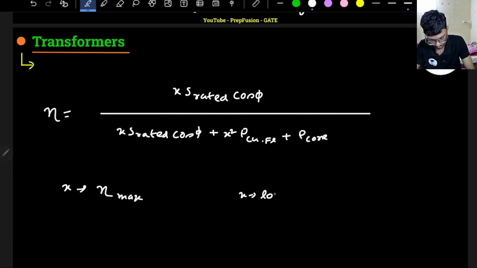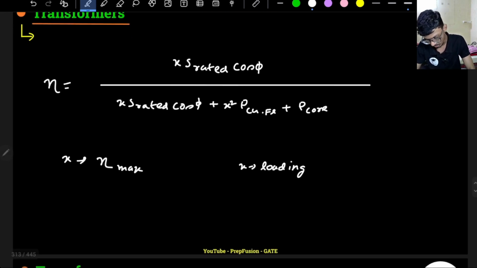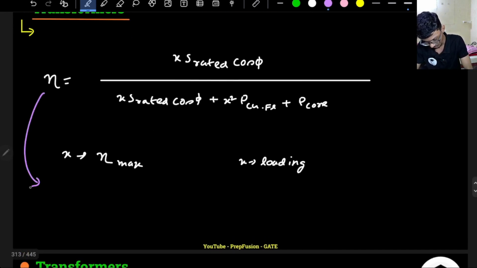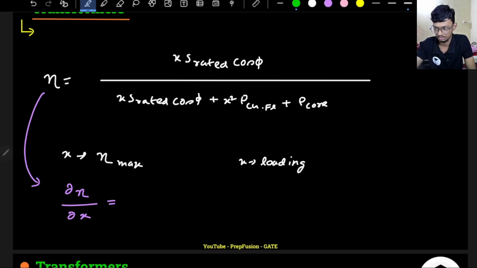X is basically loading. So I want to find out the percentage of loading for which I will get maximum efficiency. So I will differentiate this whole equation with respect to X. Del eta upon del X will be equal to, so I have to differentiate, like a numerator upon denominator.